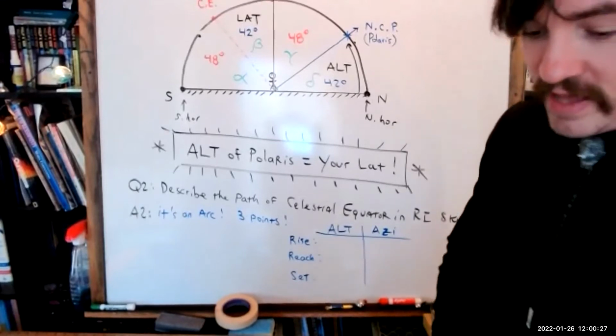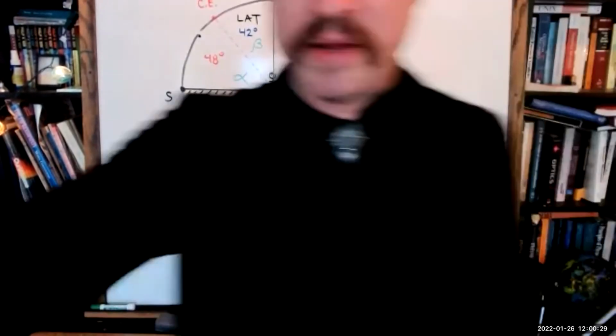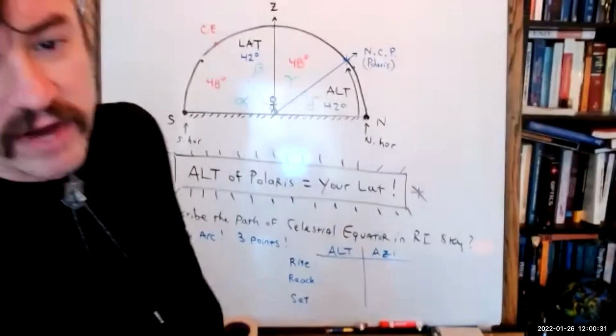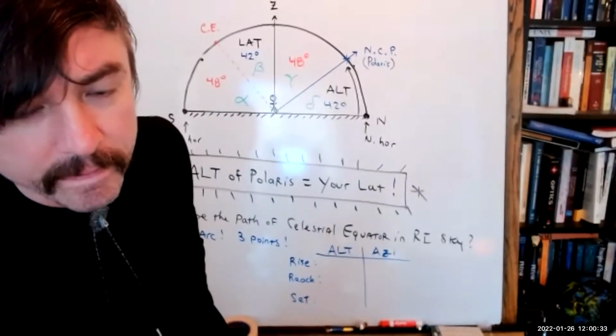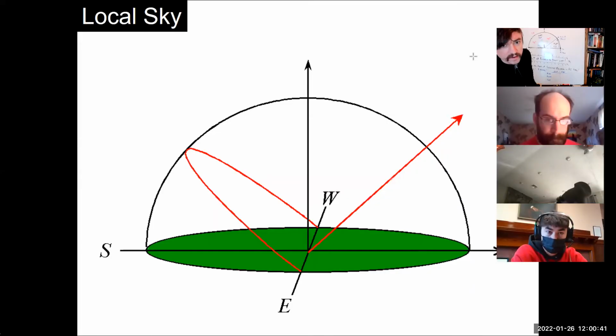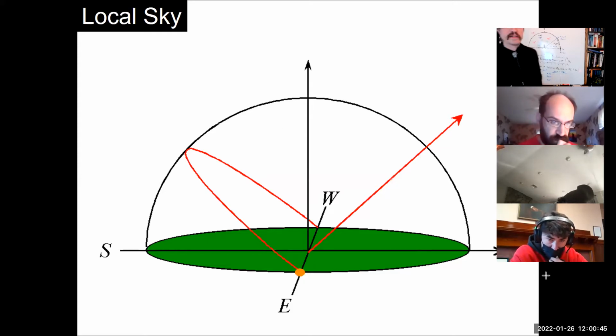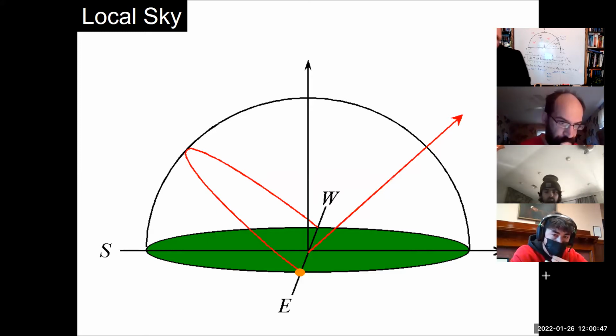Okay, AS1010 Live, you're up. Let's start with the rise point. How do I describe the altitude and the azimuth of this point? It's the altitude and the azimuth of the orange dot.